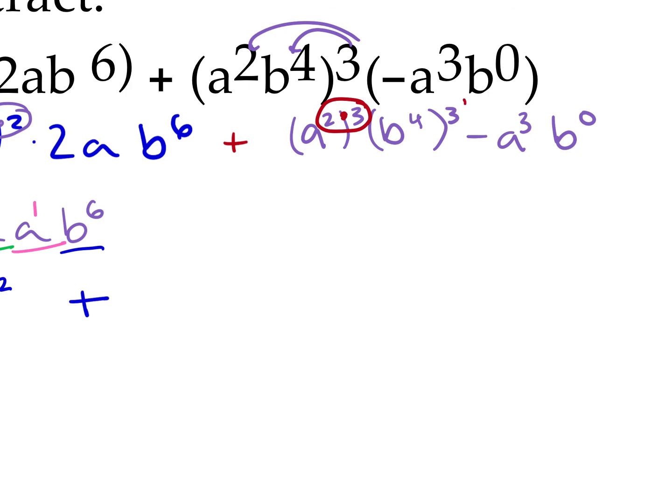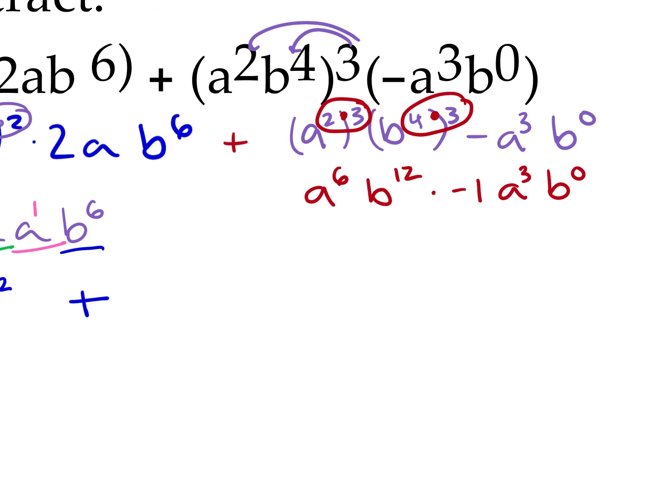Multiply the exponents. When we have a power to a power, we multiply. So a to the 6th power, b to the 12th power, times negative, we'll call it -1, because that's our coefficient in front of the a, a cubed b to the power of 0.